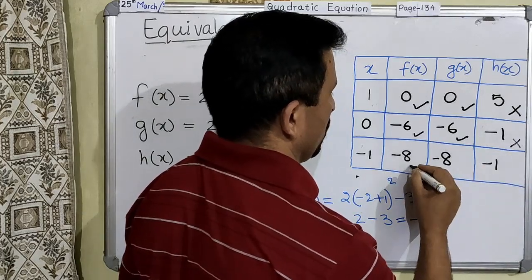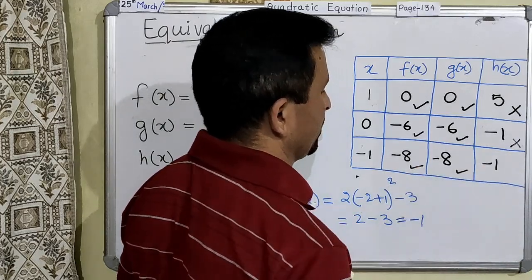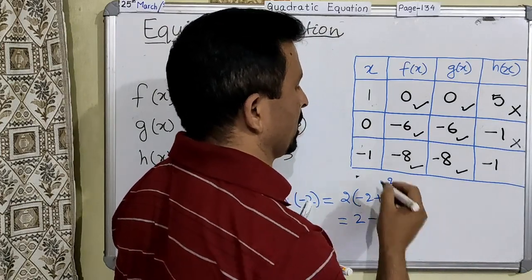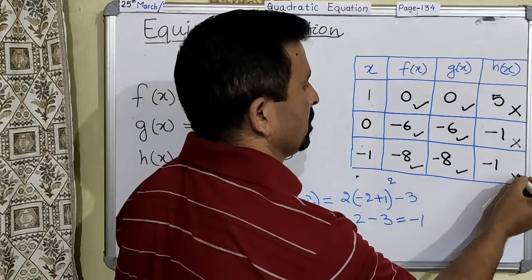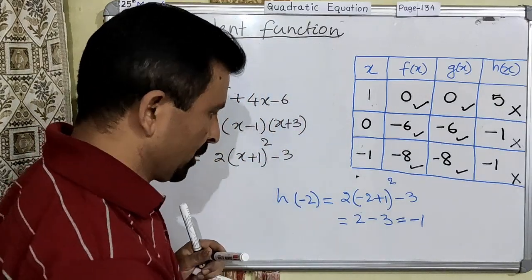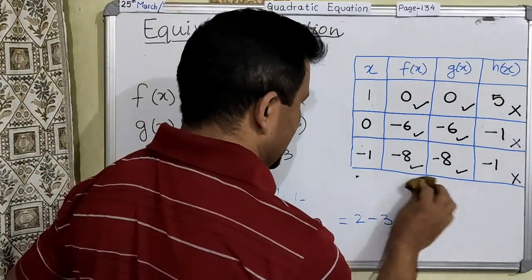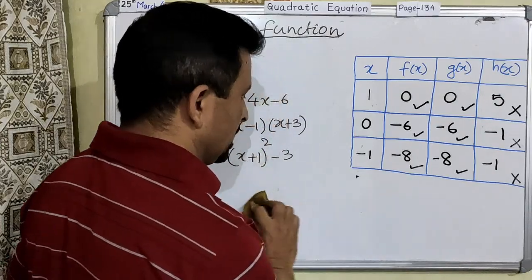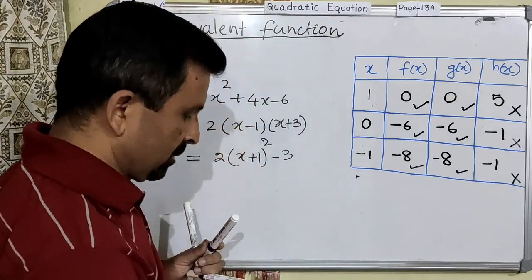Now you can see once again these functions are giving the same output for the given input. So after this much calculation, we are confirmed that fx is equivalent to gx.